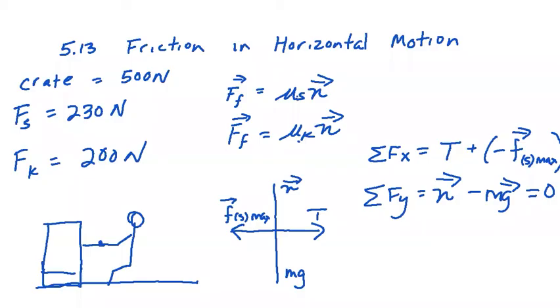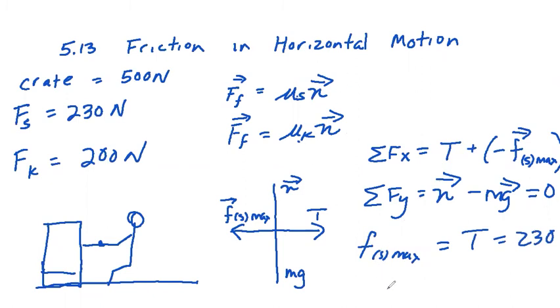Okay, so now we know our force of friction is going to equal the tension. So Fs max equals T equals 230 newtons.